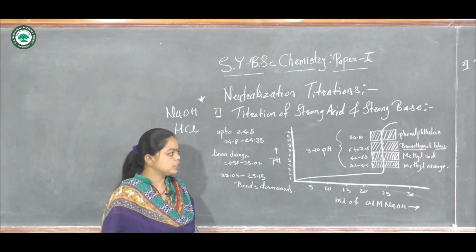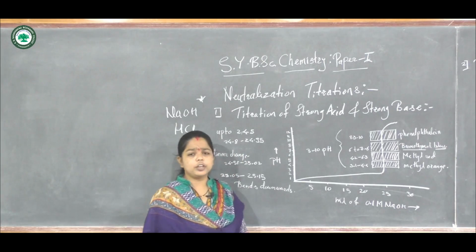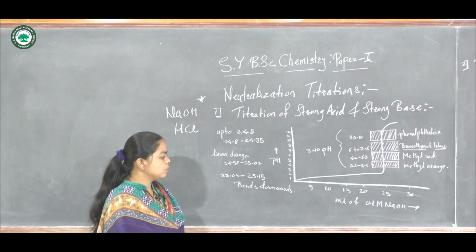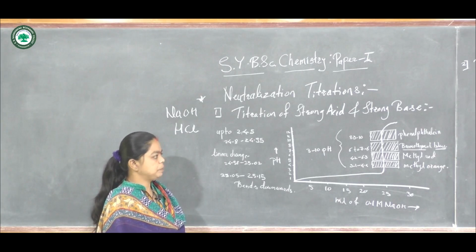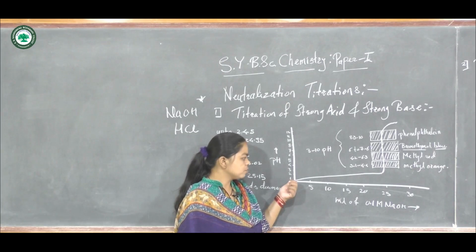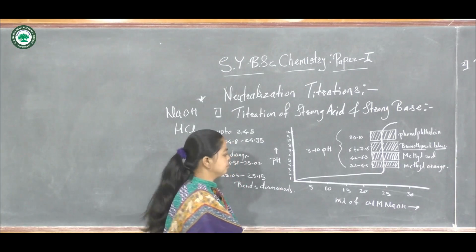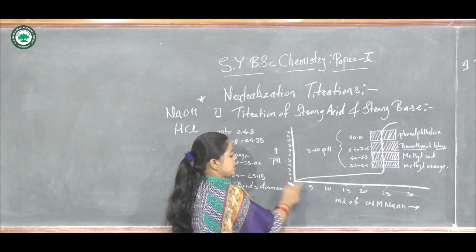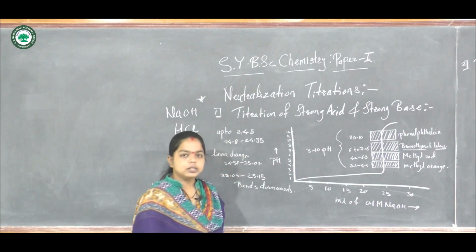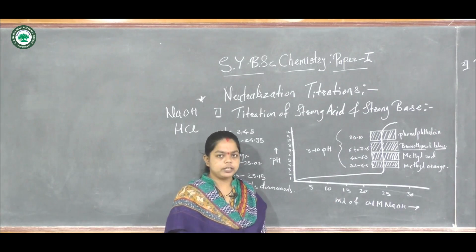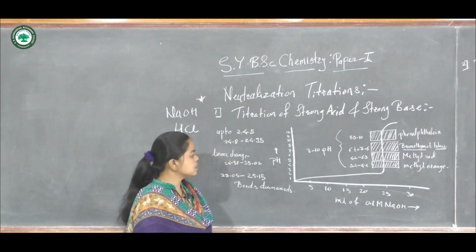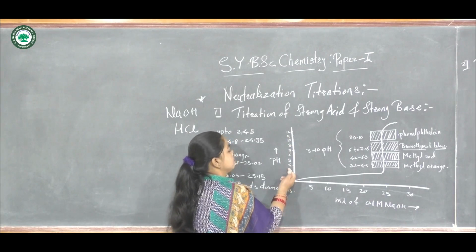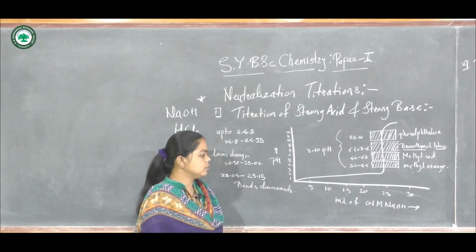Now let us start the study of the titration curve during this titration. At the start the pH is nearly 1. In this graph, pH is plotted against the ml of 0.1 molar NaOH added. The pH is shown as 1, 2, 3 and so on up to 12.